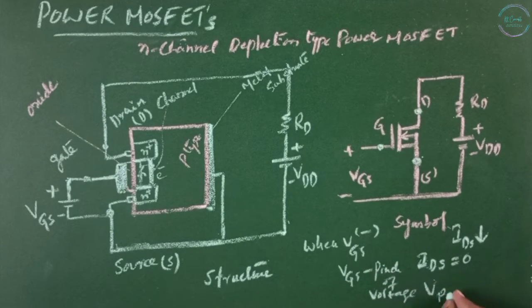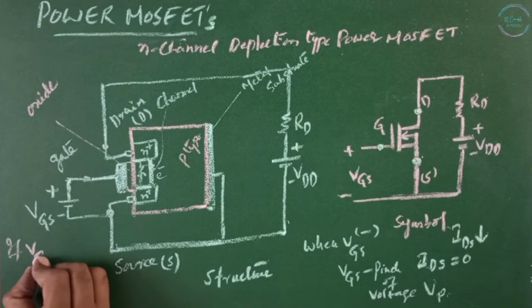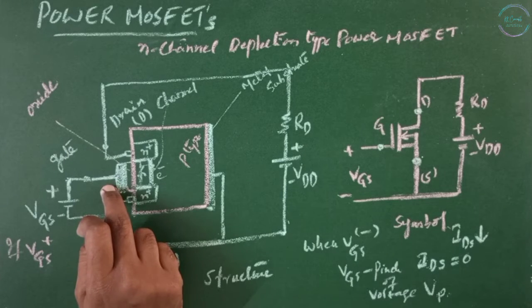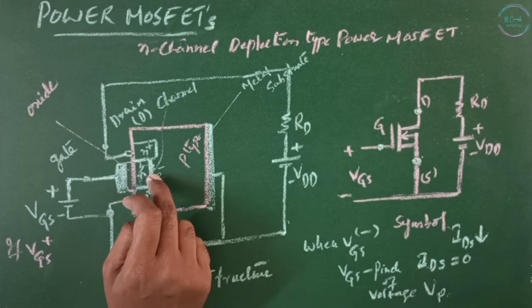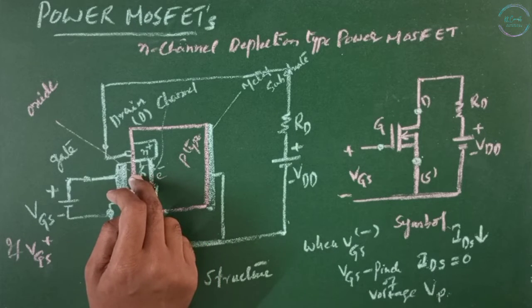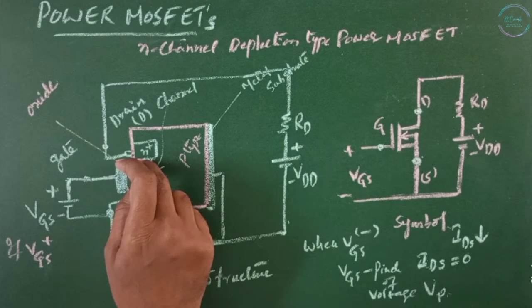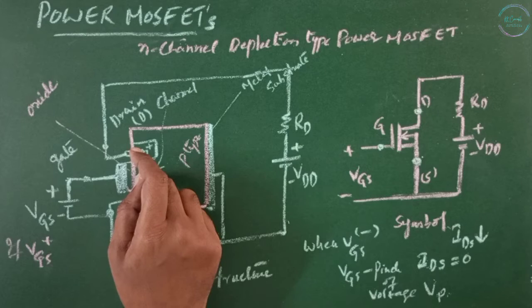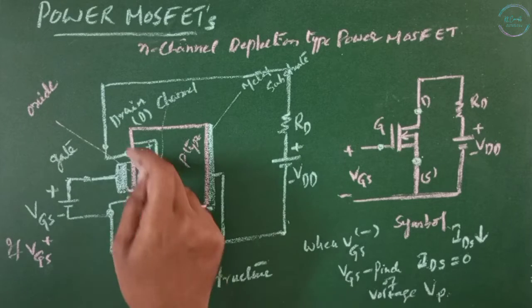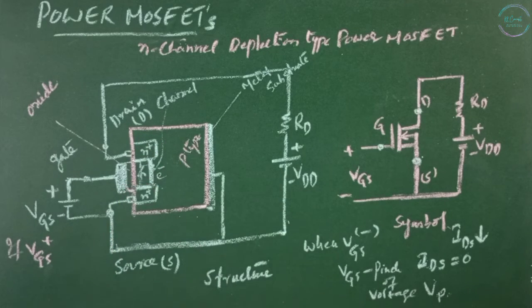represented by VP. If that negative voltage is enough to block the current from the drain to source by increasing the resistance in the channel, it is known as the pinch off voltage. If VGS is positive, the positive charge at the gate and the electrons, which are negative in the N channel, are attracted to each other, then the electrons move nearer to the gate, and this channel is going to open up, as free electrons are available in the N channel, so that the current can flow from the drain to the source.